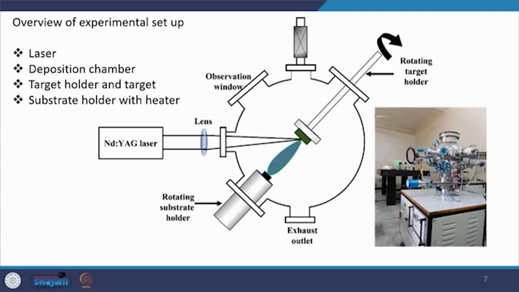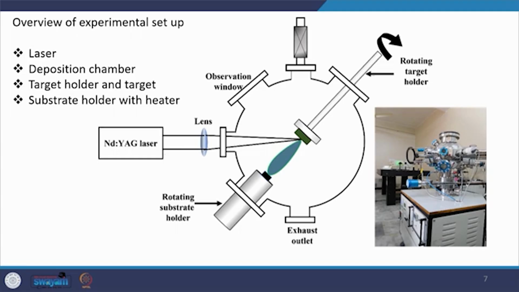Here we generally use the third harmonic of the Nd:YAG laser, which is 355 nanometers, but the 266 nanometer wavelength is also useful. At 355 nanometers, the energy we use is generally of the order of 200 to 300 millijoule per pulse.